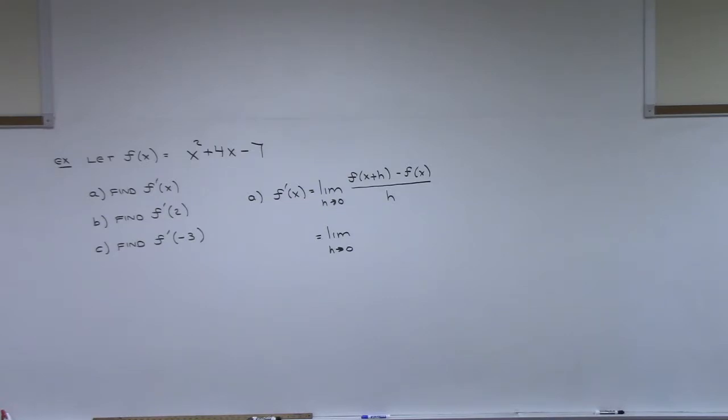Good. You agree that that's this? Now put minus, and in parentheses, f of x, which is just this, the way it appears there: x squared plus 4x minus 7. Close your parentheses and put all of that over h.